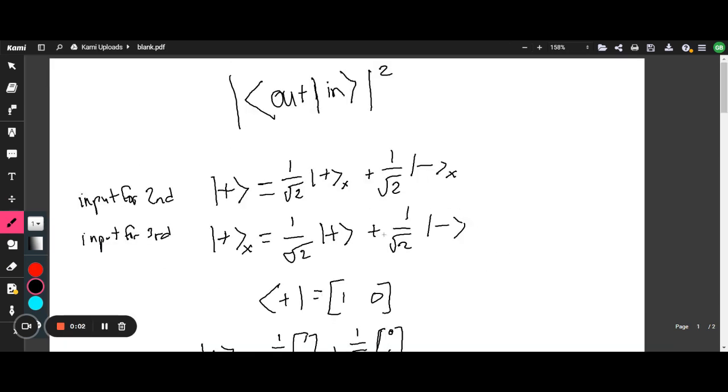So now if you look at the first experiment, we have the input for the second analyzer as a spin up ket vector, which is made up of 1 over square root 2 spin up in the x direction plus 1 over square root 2 spin down in the x direction.